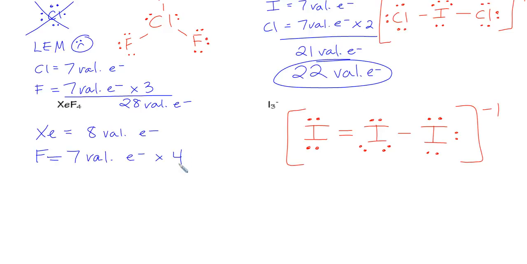Times 4. Awesome. So we just add them up. Let's see how many valence electrons we have available. 28 from the fluorine. Ooh, this is going to be fun. 36 electrons available. Valence electrons that we can play with.